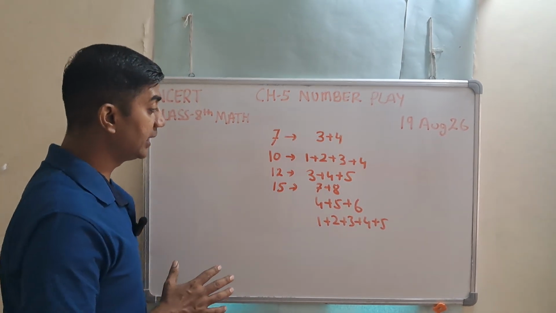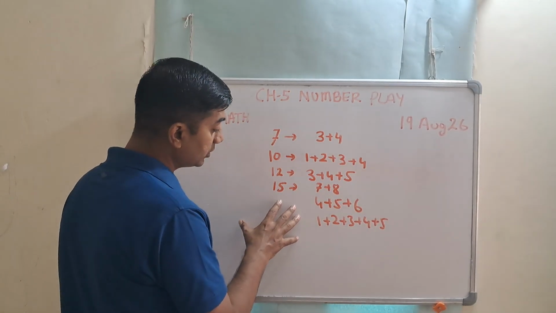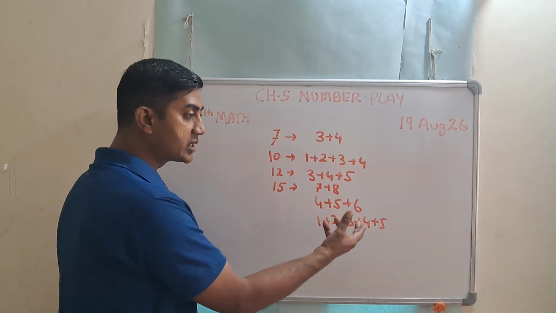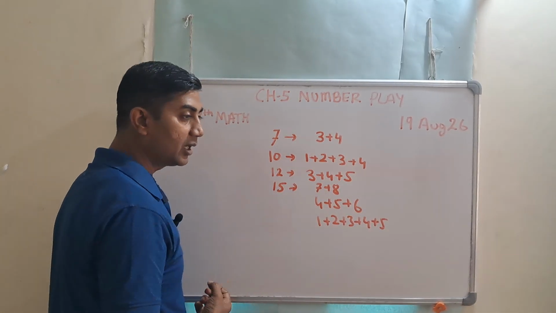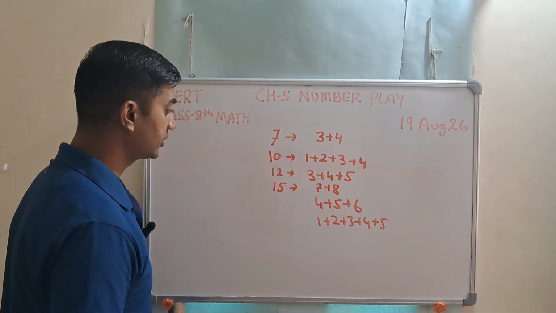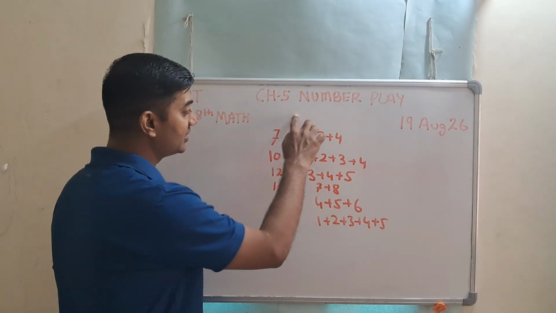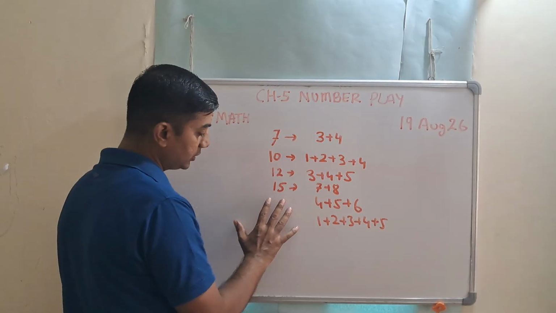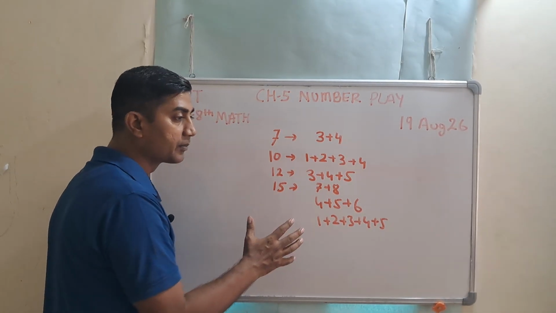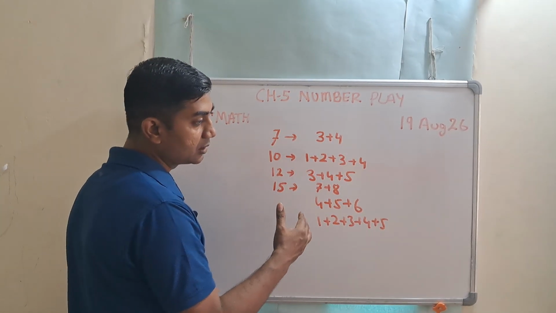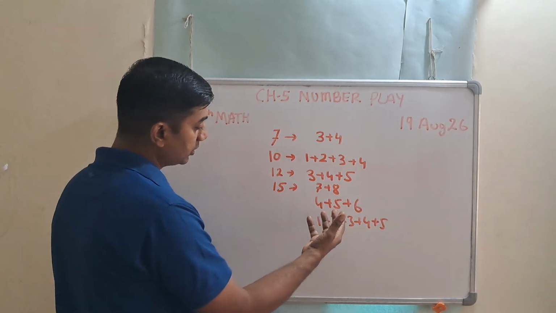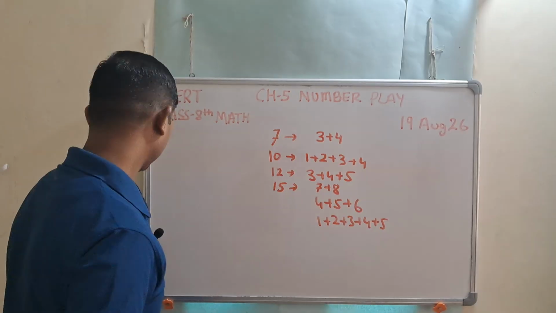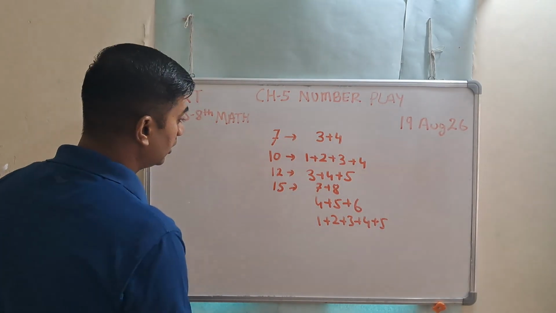So the conclusion of this discussion is that you can have different sets of consecutive numbers to obtain the same sum. From this discussion you can conclude that there may be more than one way of finding sets of consecutive numbers with an equal sum. Now we'll see what is next.